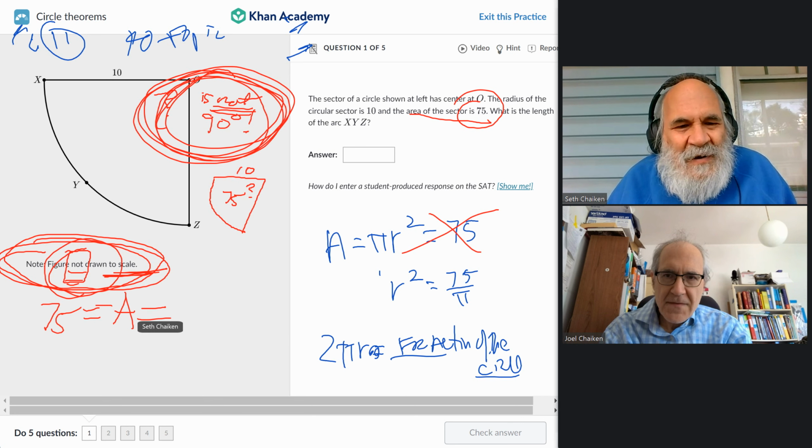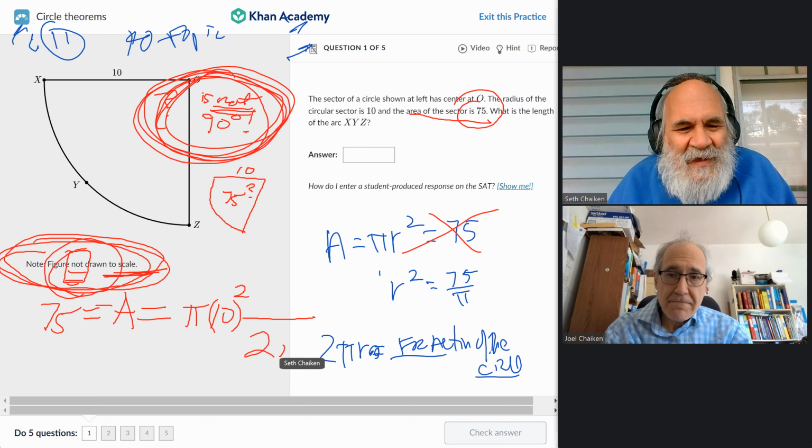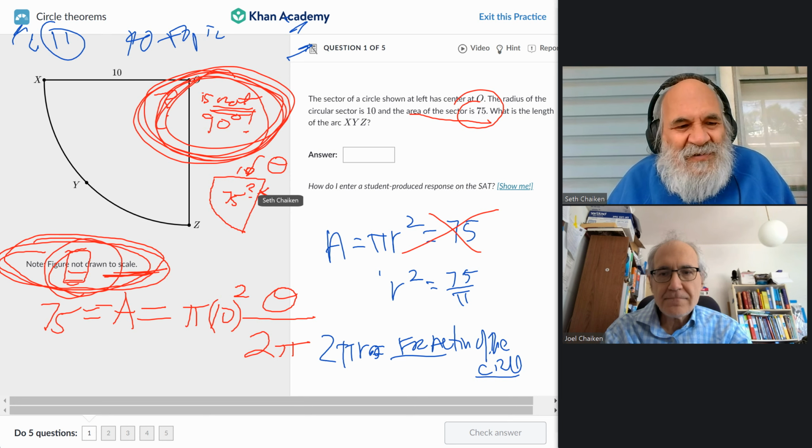And the area is also equal to pi times 10, which is r squared, times the unknown angle. Right? And so you could figure out theta from this.